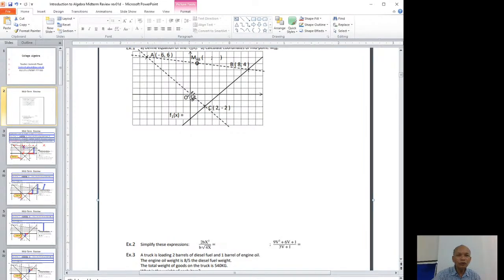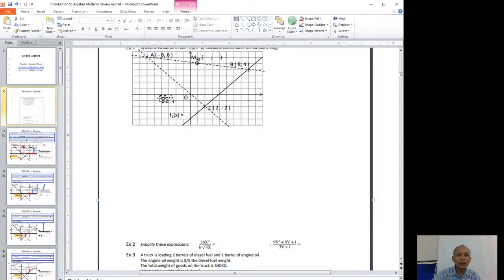you count from O here horizontally to the left 1 step, 2 steps, 3 steps, 4, 5, 6 steps, and then you go up. How many steps? 1 step up, 2, 3, 4, 5, 6 steps up.